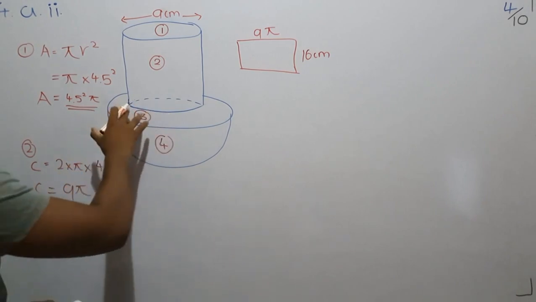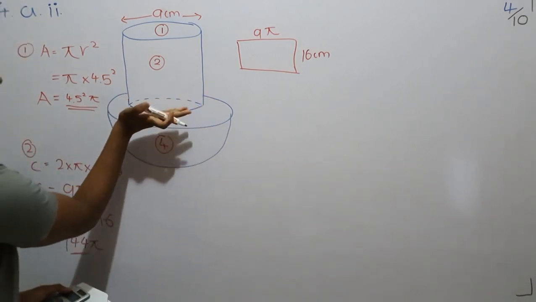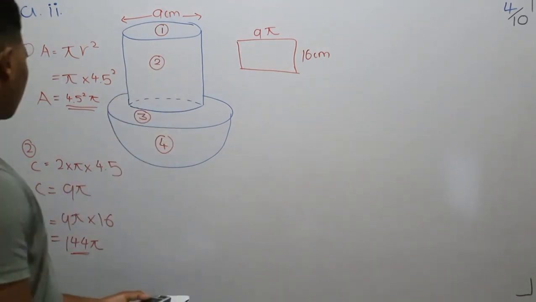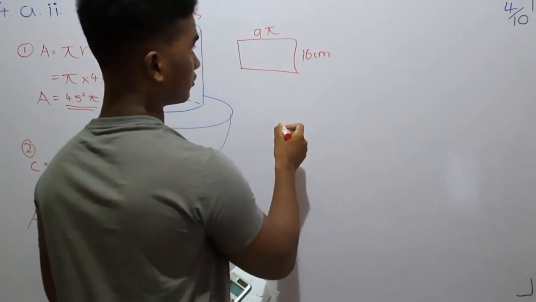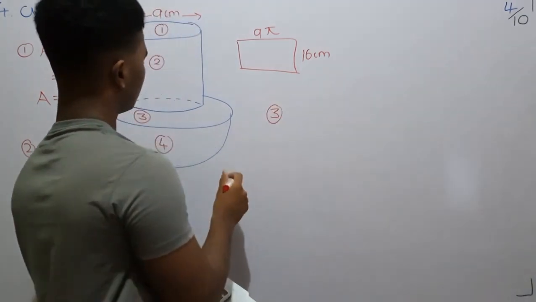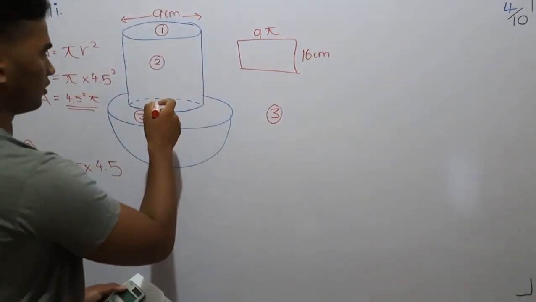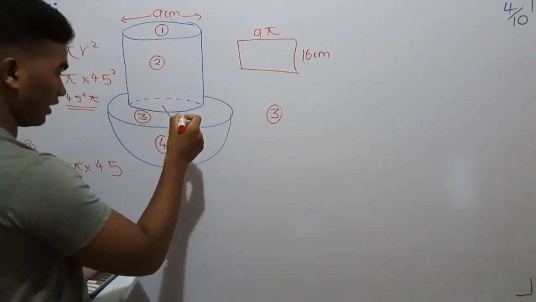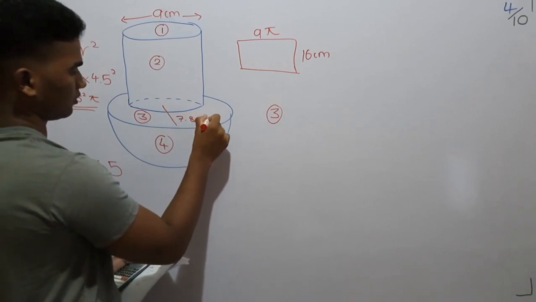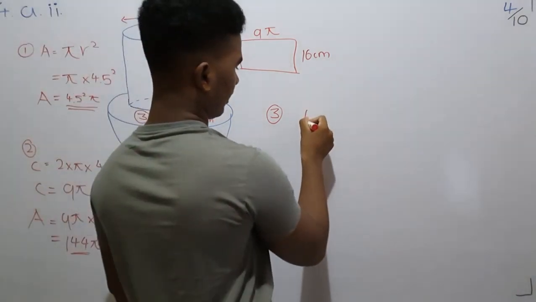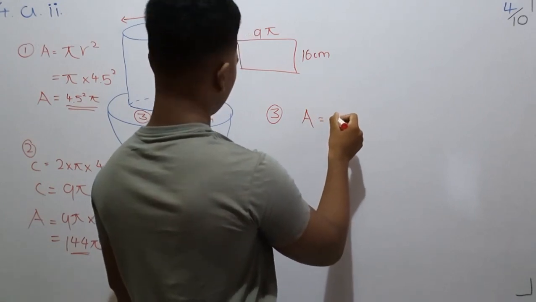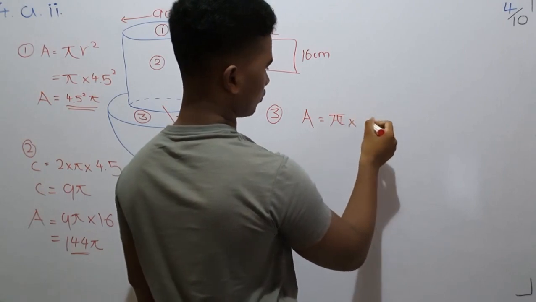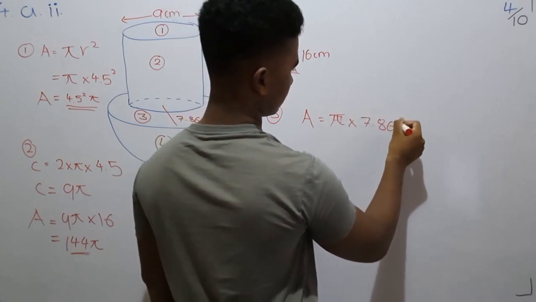Area number 3. Now this whole area of the hemisphere should be subtracted from the cylinder's cross-sectional area. So number 3, we'll calculate the whole area. We found this earlier, 7.86 centimeters. So we can apply area equals pi into r square, pi into 7.86 square.